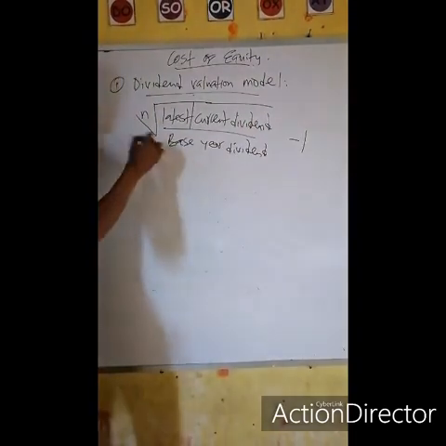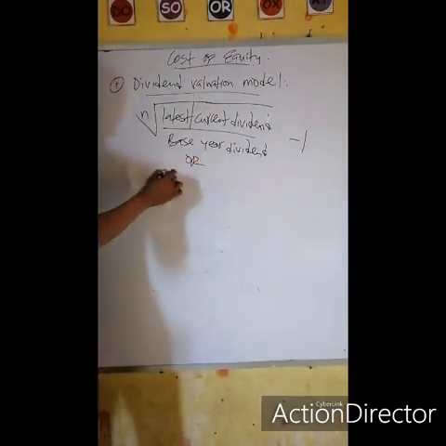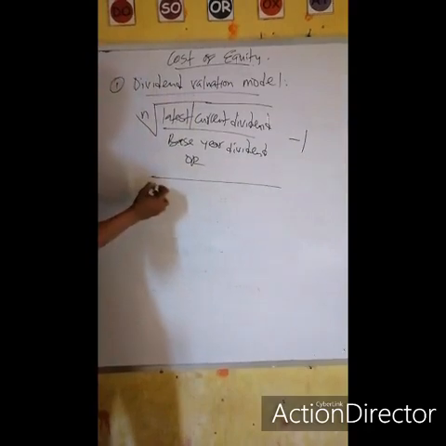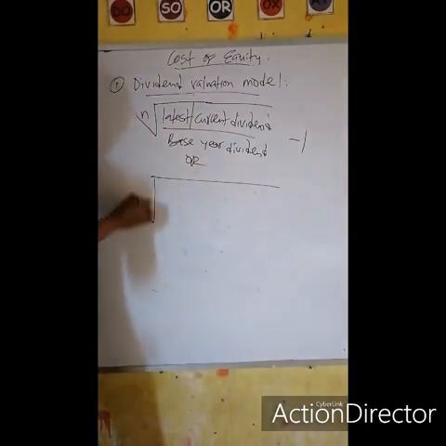Another form of the formula for the dividend valuation model is: the latest or current dividend over base year dividend, raised to the power of 1 over n, minus 1.